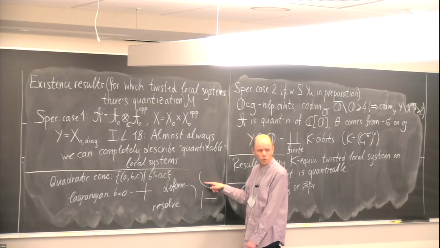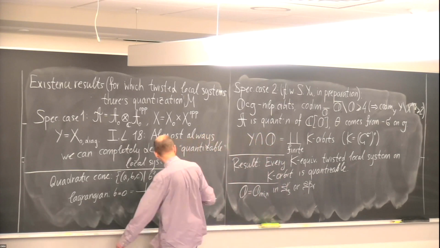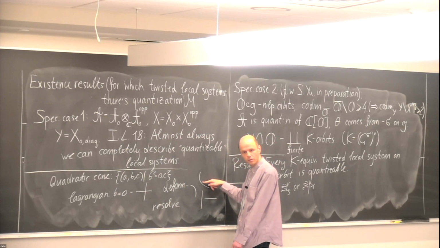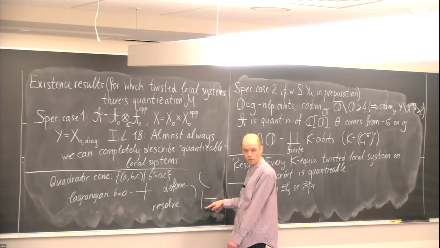So here, what you do is quantize, and then you degenerate. Degeneration is not well defined on the level of modules, it's well defined on the level of K-theory. So you at least get some K-theory classes. And this corresponds to usual parabolic induction, and this corresponds to cohomological induction.